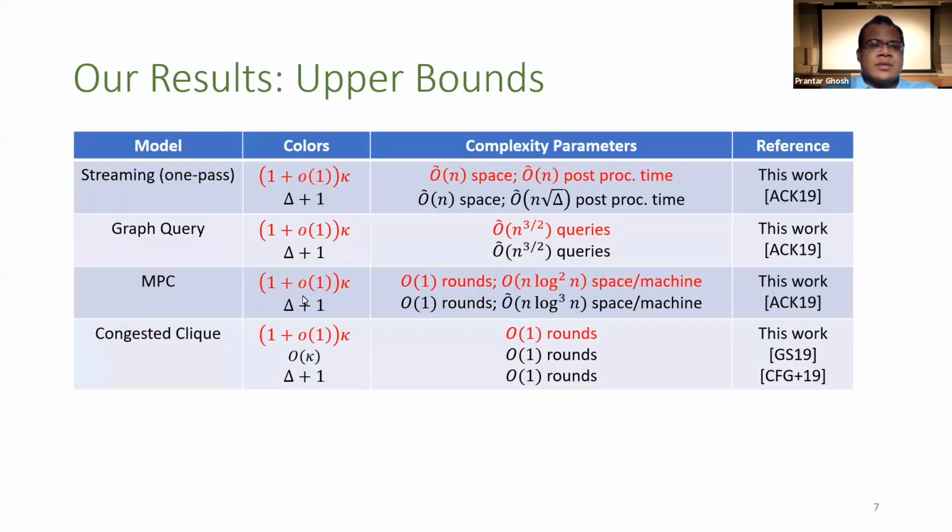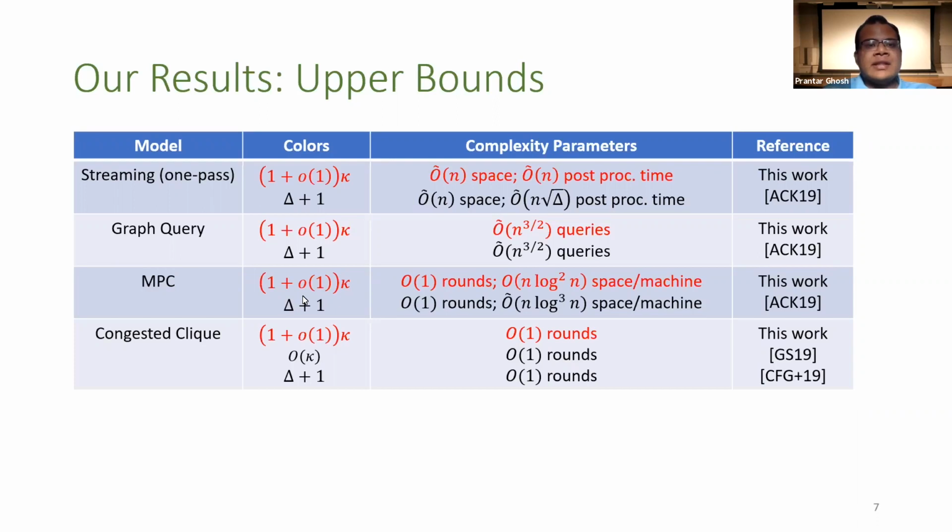This brings me to our upper bound results. We give algorithms for degeneracy-based colorings, which use kappa times 1 plus little o of 1 colors in each of these models.